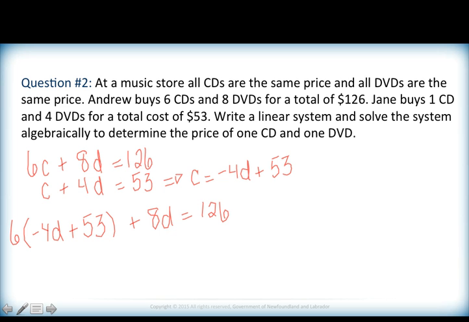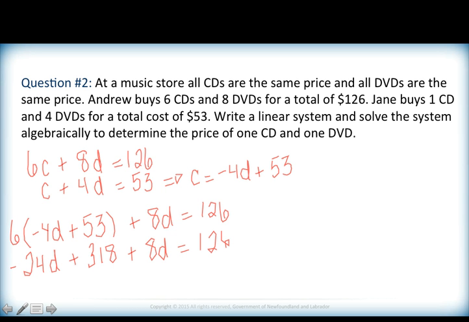So again, using the distributive property, 6 times negative 4D is going to be negative 24D, plus 6 times 53 is going to be 318. Again, don't forget that 8D that we have to add to negative 24D, and all that is going to be equal to 126.